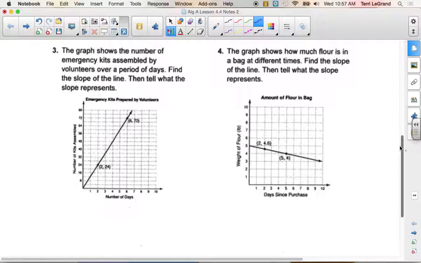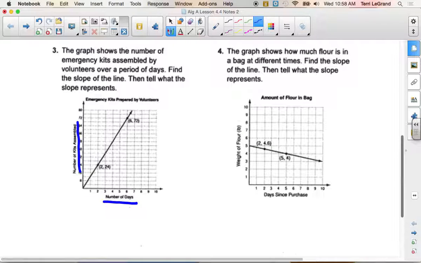The graph shows the number of emergency kits assembled by volunteers over a period of days. Find the slope of the line and tell what it represents. So, again, what we want to do is identify, we've got the number of days on the x-axis, and the number of kits assembled on the y-axis. What's the x-axis going by?